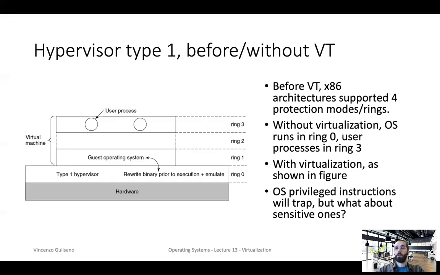So you can put the hypervisor at level 0. The user process, you leave at ring number 3. And then you can place the guest operating system at ring 1. So it does not have access to all privileged instructions, which is good because we still want the hypervisor to wake up as a result of an interrupt when the guest operating system or the user process is trying to execute privileged instructions.